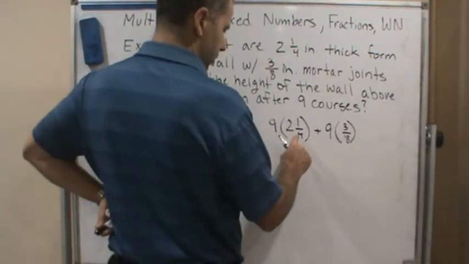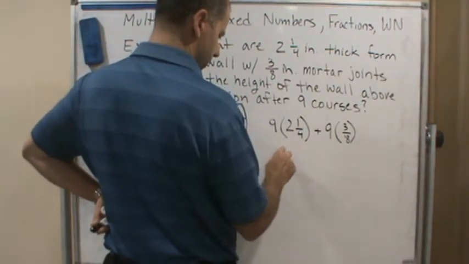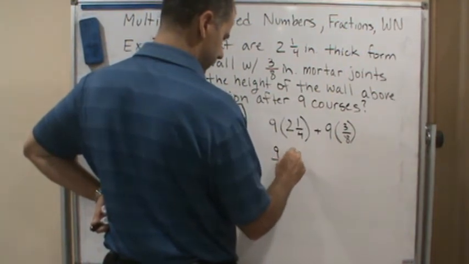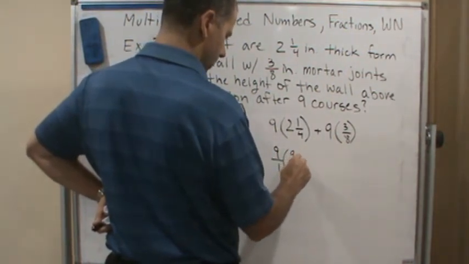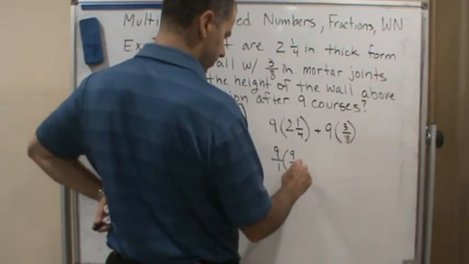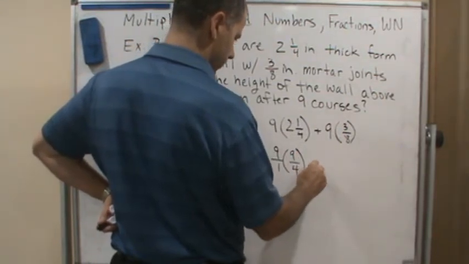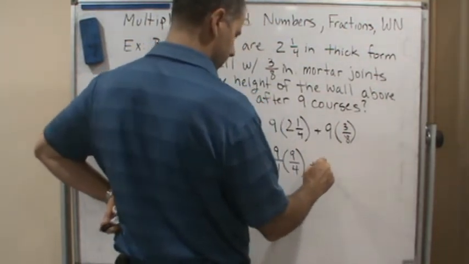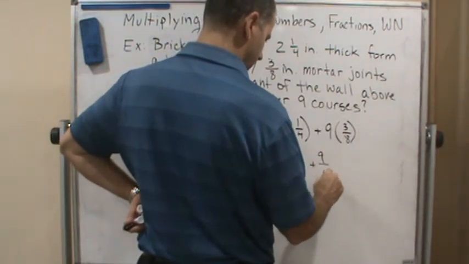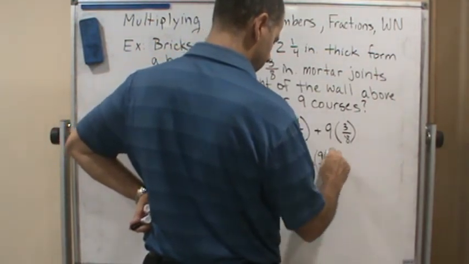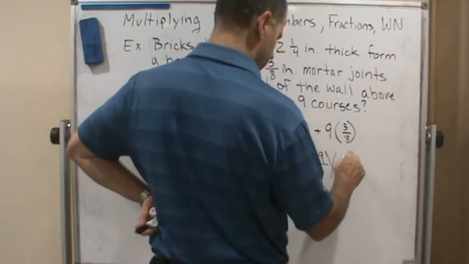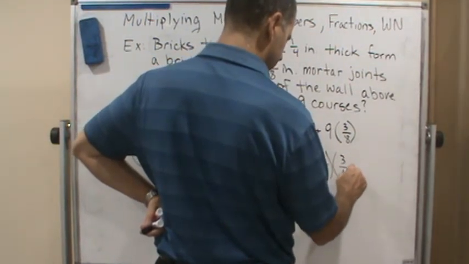And so now what we're going to do is we're going to change these to improper fractions. So this is going to be 9/1 times 9/4 plus 9/1 times 3/8.